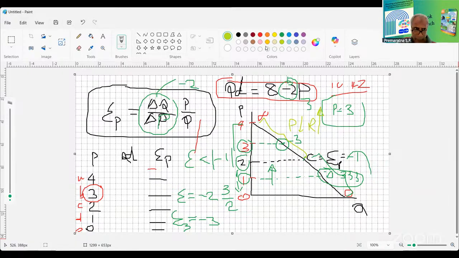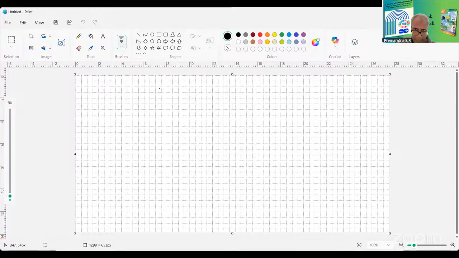Another important thing connected to this, I'll draw again this demand curve.